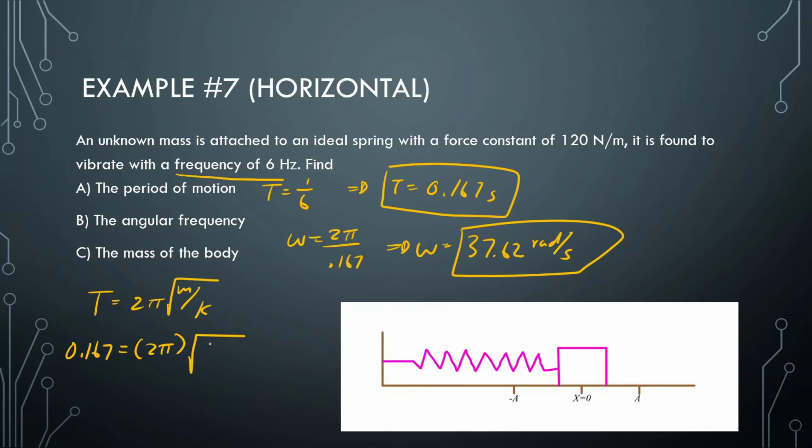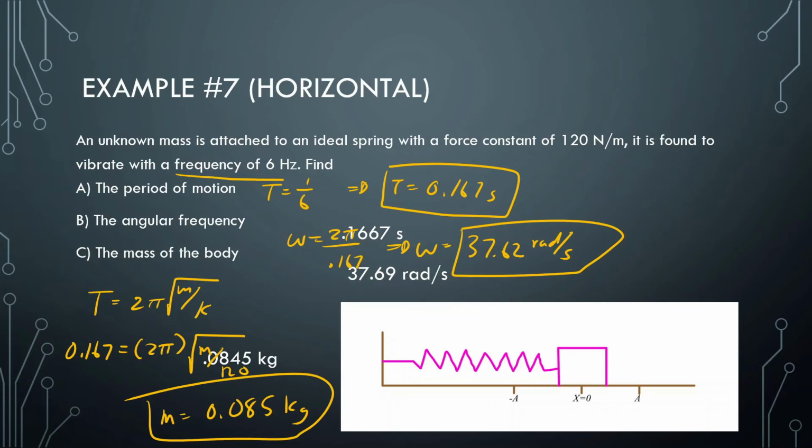So square root of m divided by k, which is 120. So let me do this. 0.167 divided by parentheses 2 pi. Depending on your calculator, you might get different results. Squared times 120. But if you did everything correctly, you should get a mass of around 0.085 kilograms.